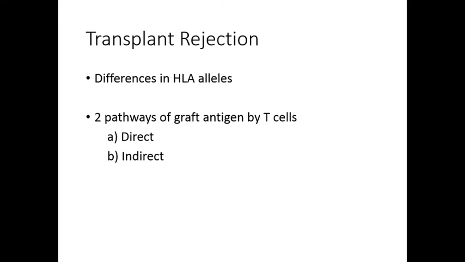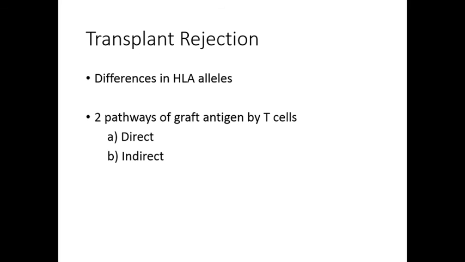In the indirect pathway, it is just like what we discussed before. Once a recipient gets a graft, that graft will be treated as a foreign or exogenous material, and the graft proteins will be taken up by the host or recipient MHCs.